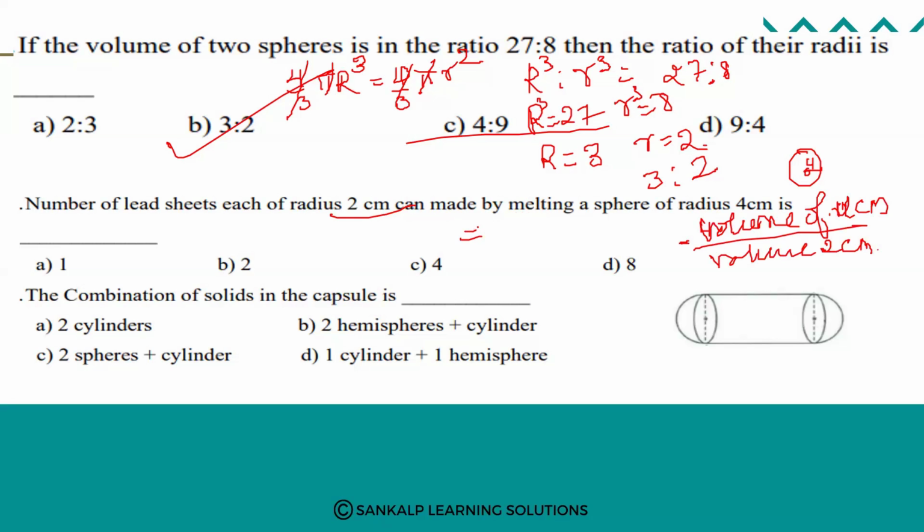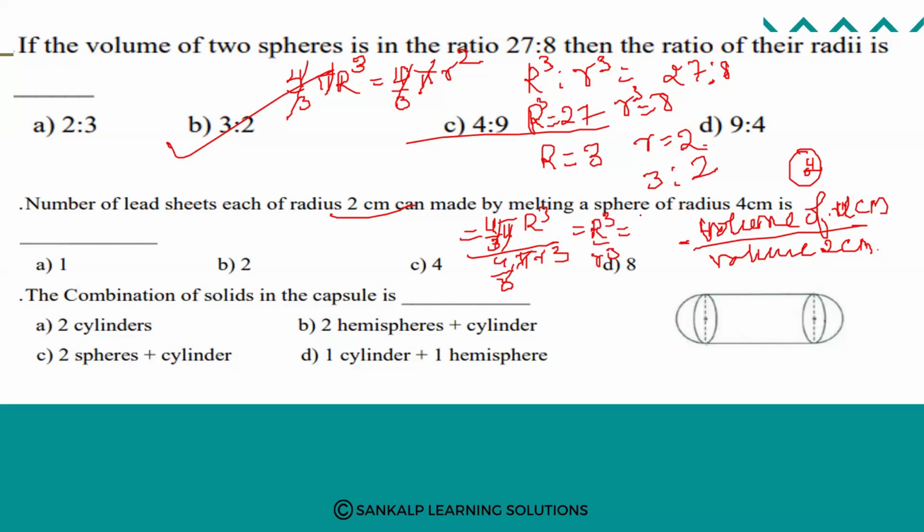Lead sheet means it is in the shape of a sphere. So 4 by 3 pi r cube divided by 4 by 3 pi r cube, right? 4 by 3, pi and pi will get cancelled. So r cube divided by r cube.